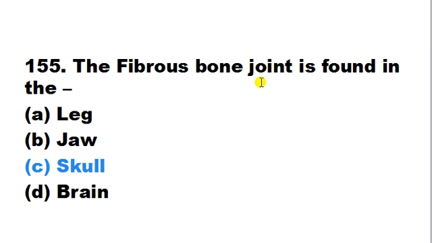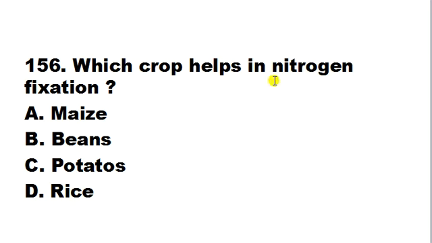Which crop helps in nitrogen fixation? Maize, bean, potato, rice. Here the correct answer is D, that means rice. The rice crop remains in association with nitrogen fixing bacteria.